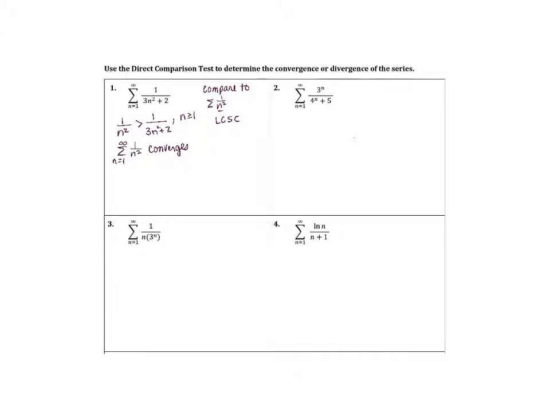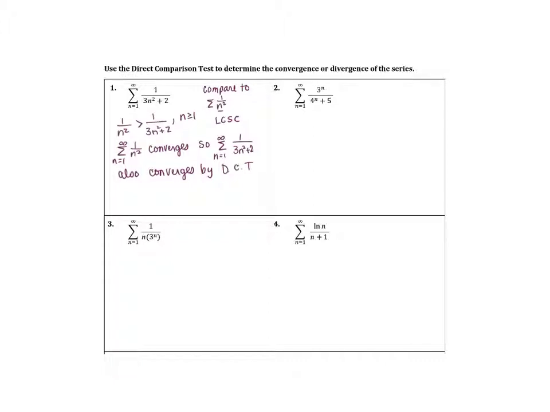And so we see that here, the sum of n equals 1 to infinity of 1 over 3n squared plus 2 also converges. And we're going to say by, and I'm going to get lazy, direct comparison test.